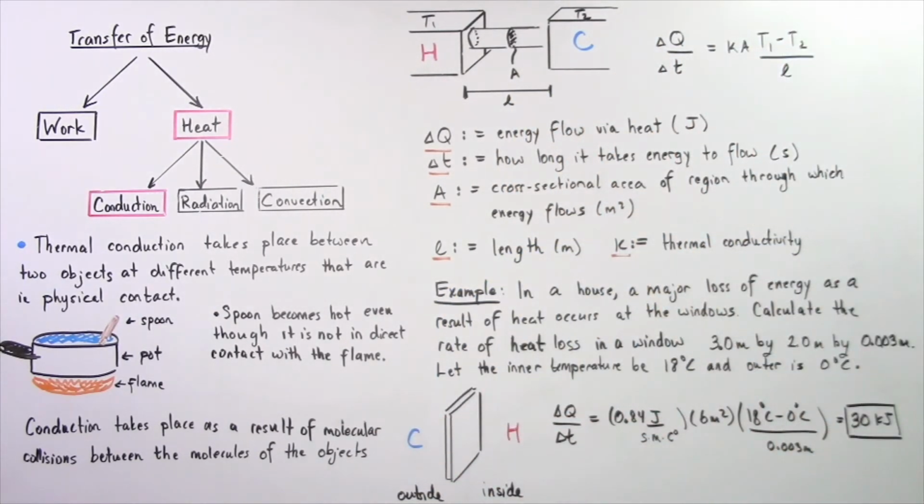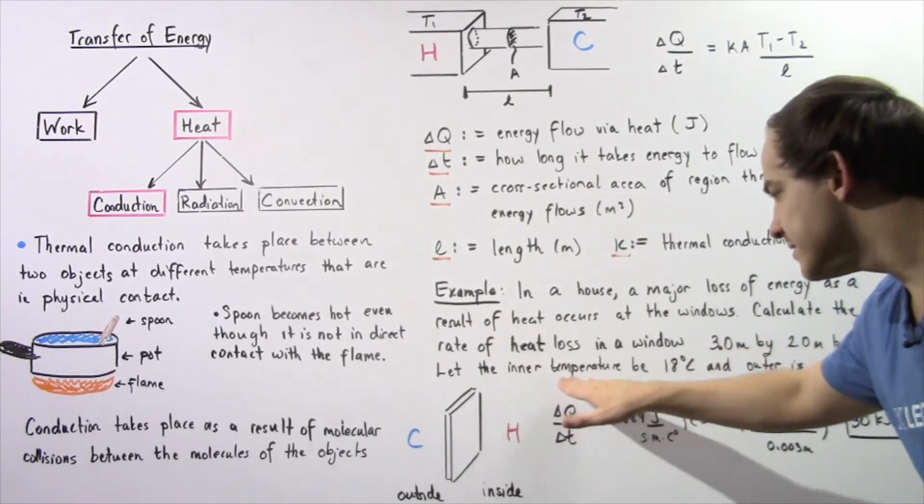So let's look at the following example. In a house, a major loss of energy as a result of heat occurs at the windows. Calculate the rate of heat loss in a window 3 meters by 2 meters by 0.003 meters. So this is the height, this is the length, and this is the width.